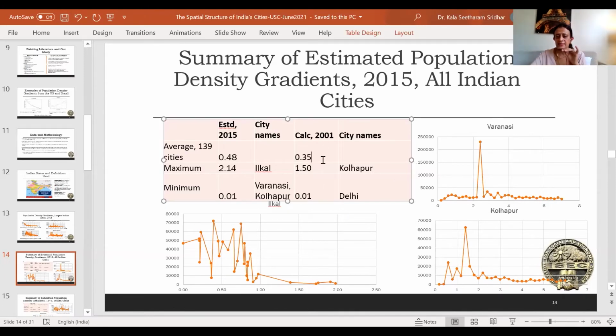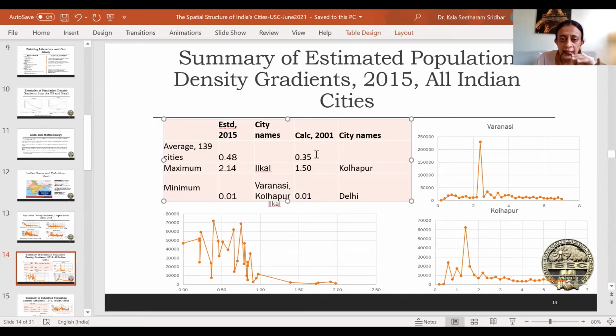And side by side, I also compare the calculated density gradient. We had the calculated density gradient data from 2 years, 1991 and 2001. I just randomly, because it belongs to the 21st century, put 2001 to compare with 2015, and the 1991 calculated one to compare with the 1975 estimated one.